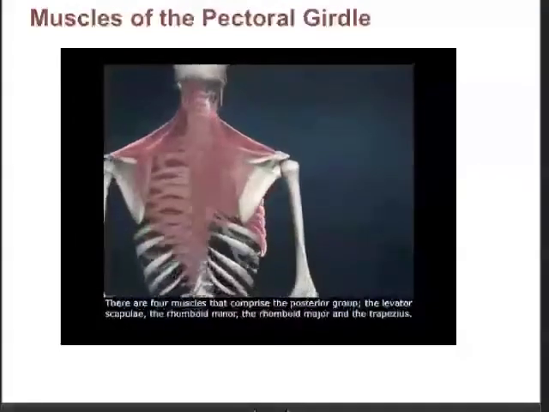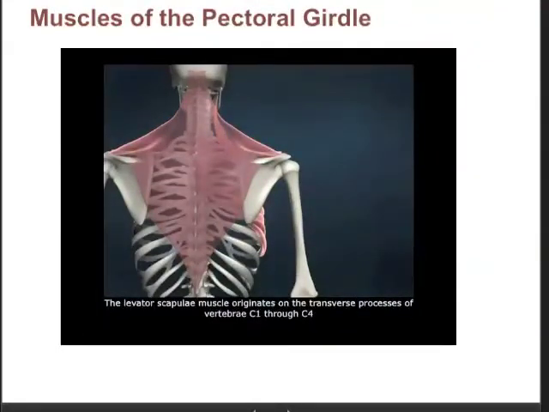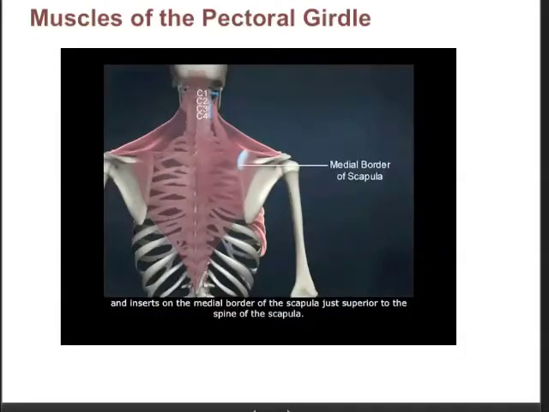There are four muscles that comprise the posterior group: the levator scapulae, the rhomboid minor, the rhomboid major, and the trapezius. The levator scapulae muscle originates on the transverse processes of vertebrae C1 through C4 and inserts on the medial border of the scapula just superior to the spine of the scapula.